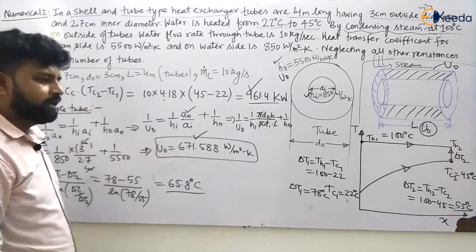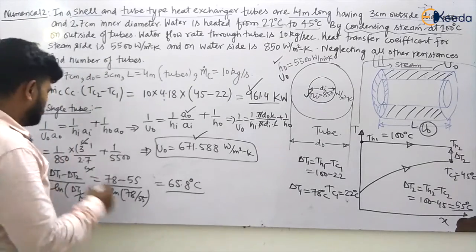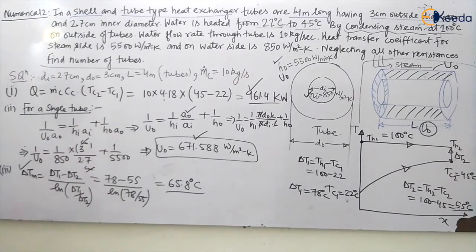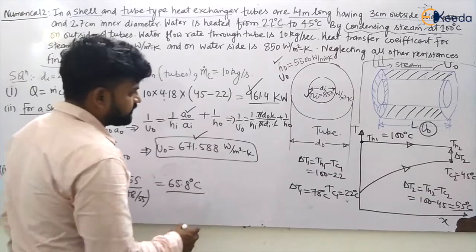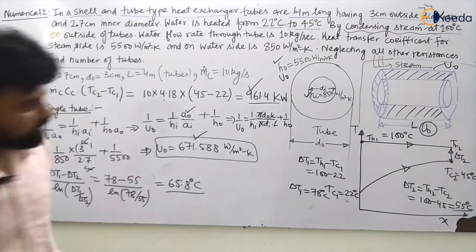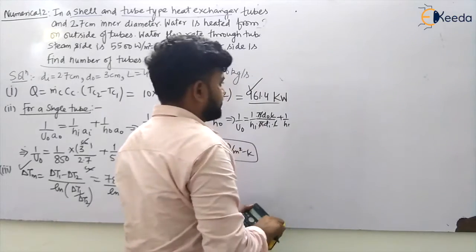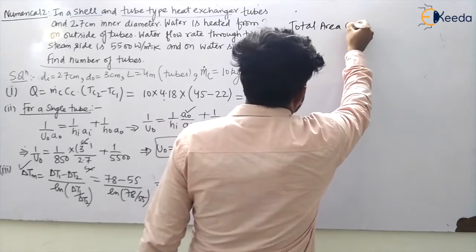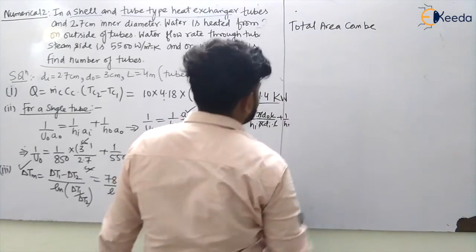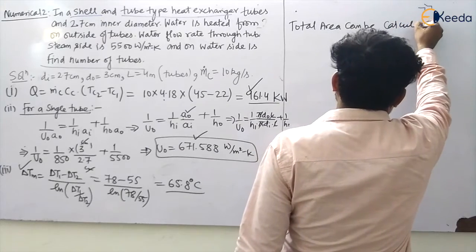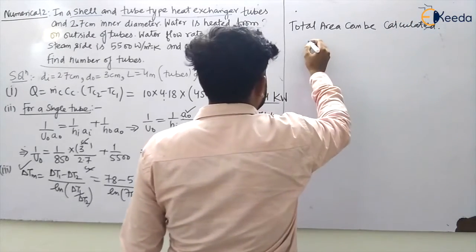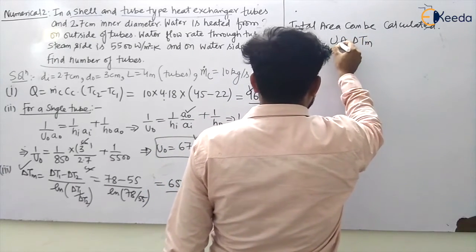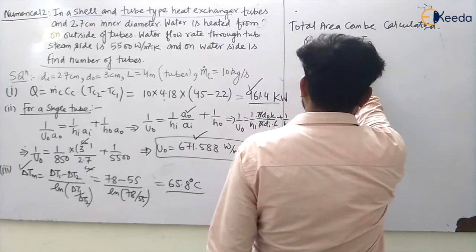So now we know delta Tm also. Now can we calculate the total area for heat transfer? Yes, we can. How can this be calculated? We know Q is equal to UA delta Tm, my dear students, and if we are considering the outside, then we will have only the outside area.